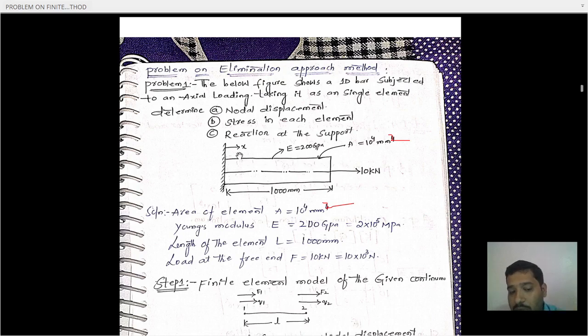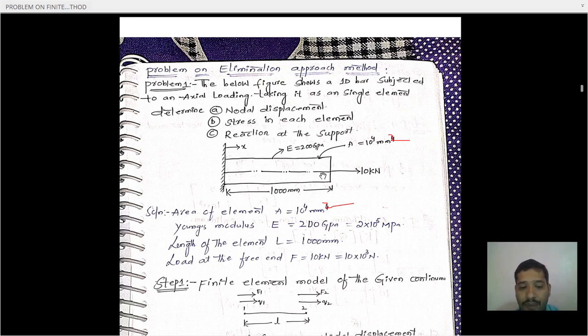That x displacement is also in the same direction where the force is applied at the free end. If x is acting in the same direction, it is considered positive. If x is acting in the opposite direction, we need to consider the force as minus.